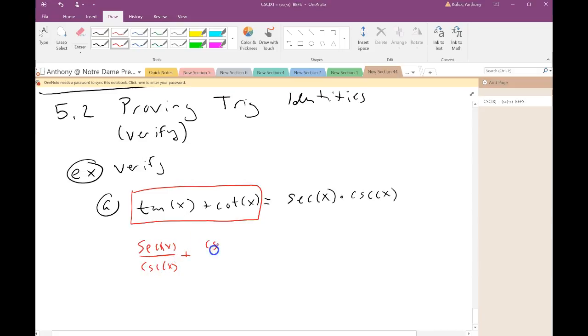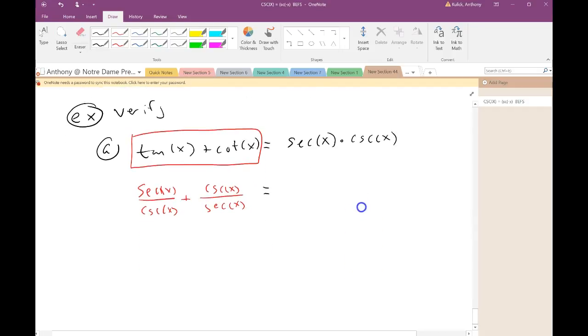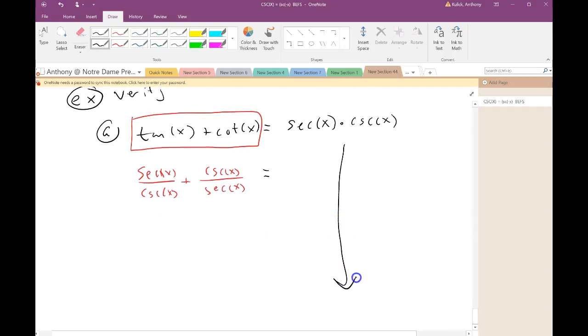And then cotangent is cosecant x over secant x. Yep, and I like that plan. So Seabass says, let's make a common denominator here. So I will do that to this one, and then this to the other one. You guys buy that?